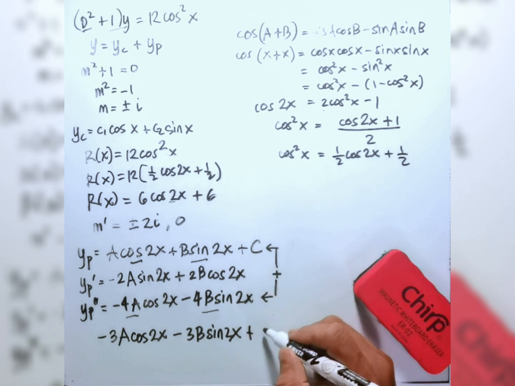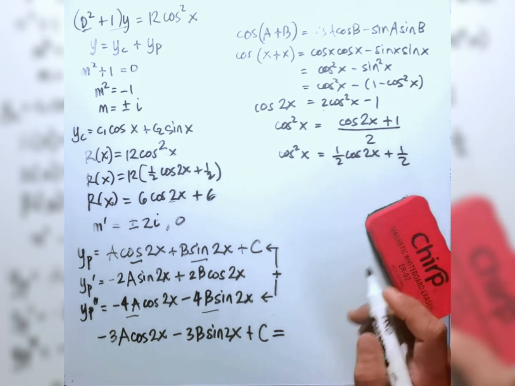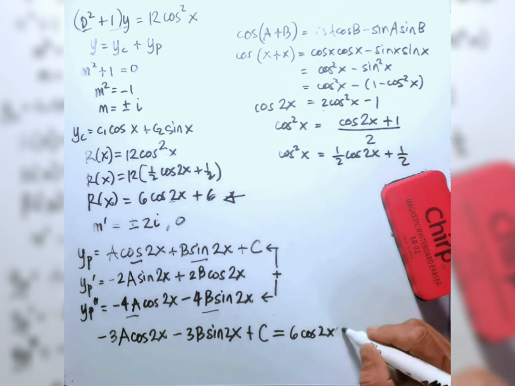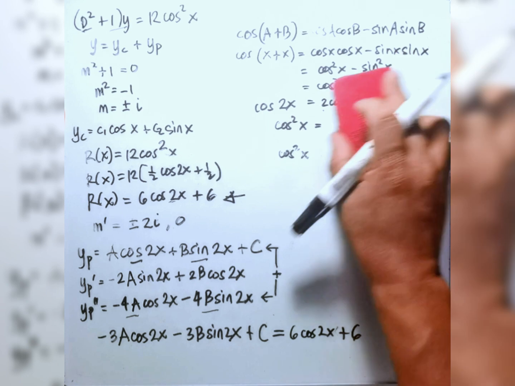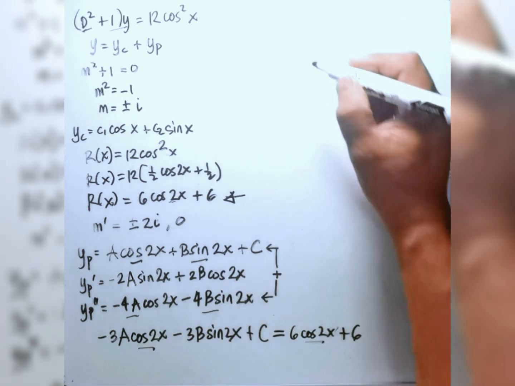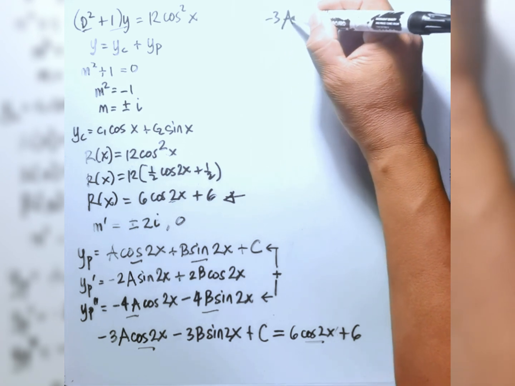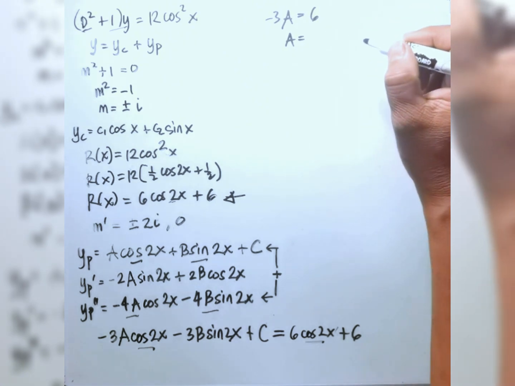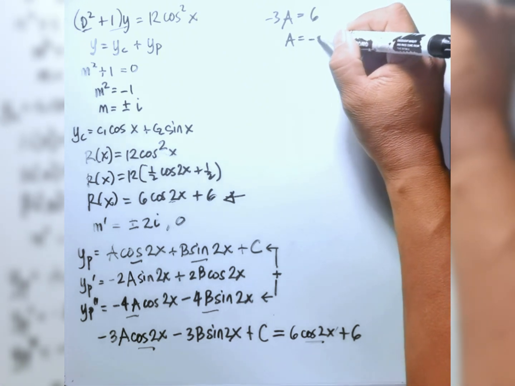Then plus c equals the right side 6 cosine of 2x plus 6. Let's erase this one. So for the coefficients of cosine 2x, we have on the left negative 3a and on the right 6, and that will give us a equals negative 2.